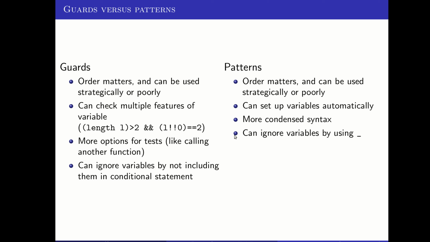So there it makes it clear that we have attempted to ignore that variable versus we may have just forgotten to include that variable in our conditional statements. So there are positives and negatives to each of these approaches, and you may find cases where one fits more naturally than the other. And I hope that you find them useful as you write your Haskell programs and try to handle more and more complex situations with your functions.